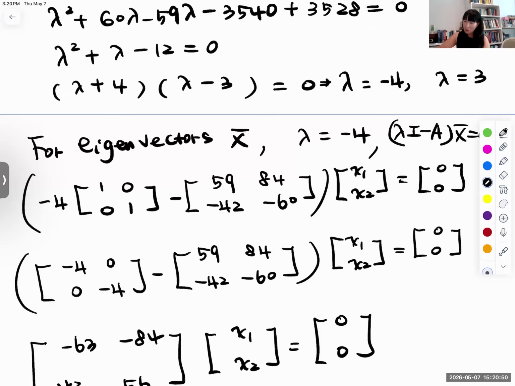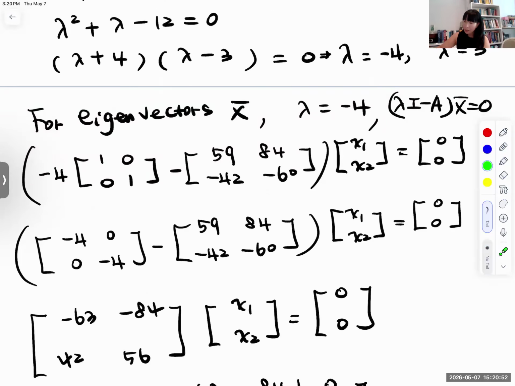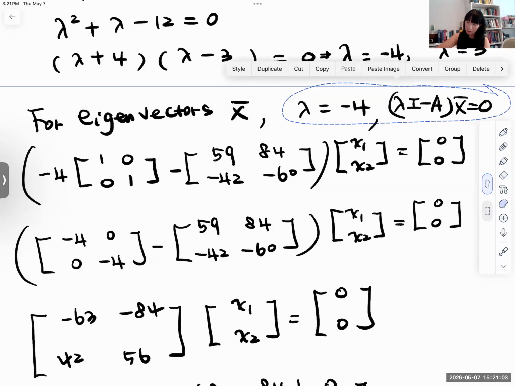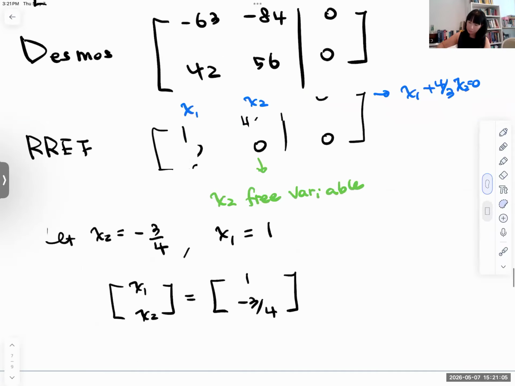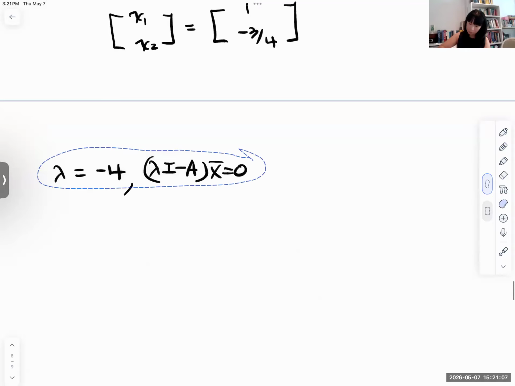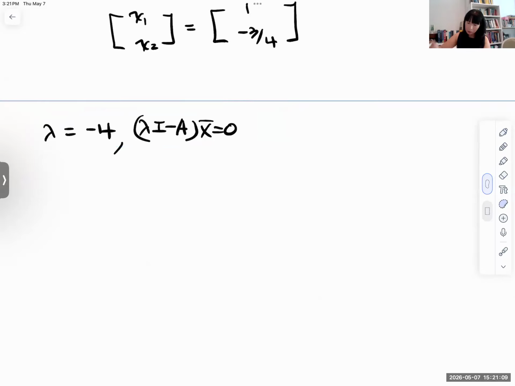Now, we have another lambda, positive 3, right? So we do the same process. Positive 3, right?